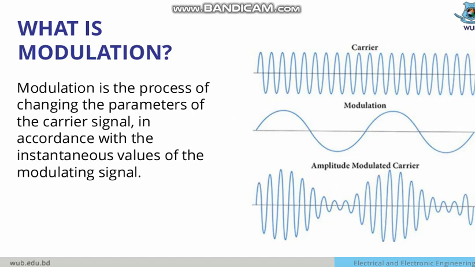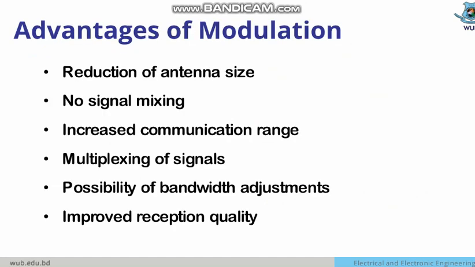Now the advantages of modulation. Reduction of antenna size, no signal mixing, increased communication range, multiplexing of signals, possibility of bandwidth adjustments, improved reception quality. So these are the advantages of modulation. It is quite helpful in antenna size reduction.